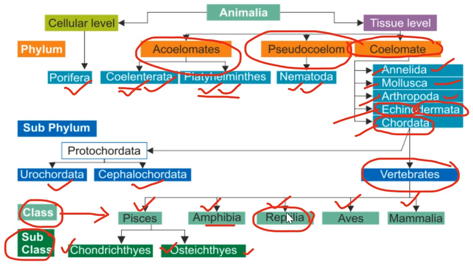They lay leathery eggs, so they are oviparous. There are two terms, oviparous and viviparous. Oviparous means they lay eggs, and they lay leathery eggs. Examples are snake, lizard, garden lizard, house lizard. So these are examples of Reptilia.